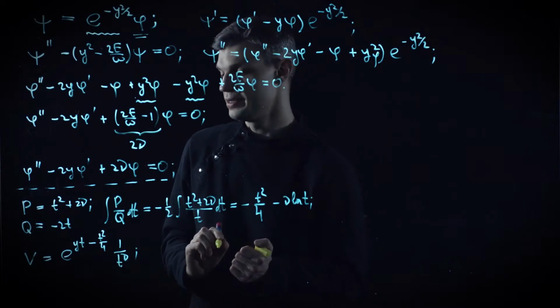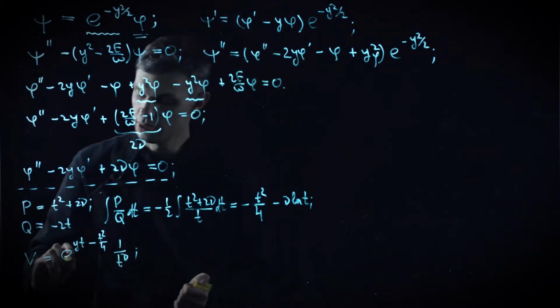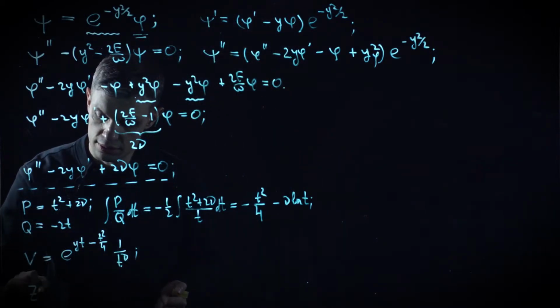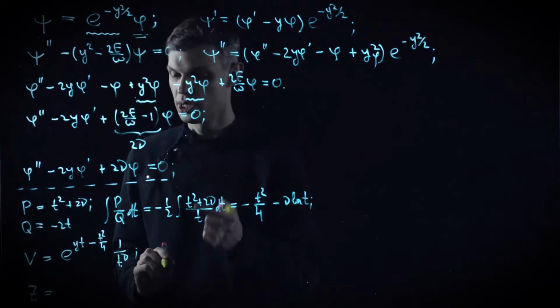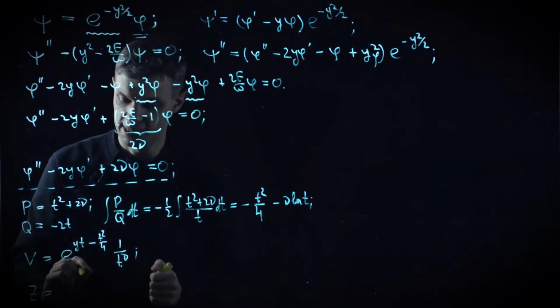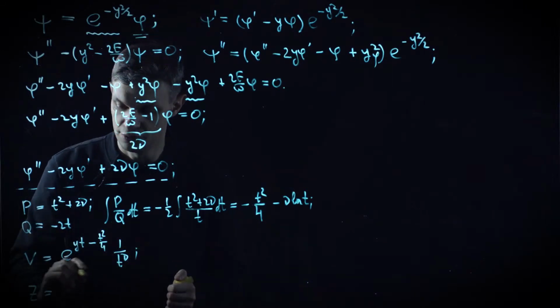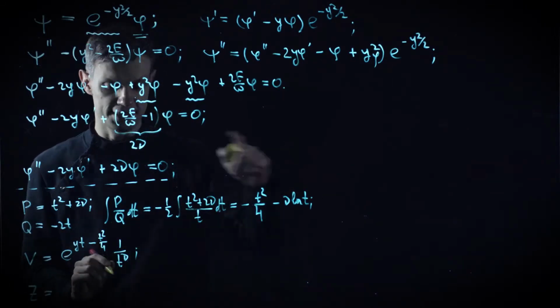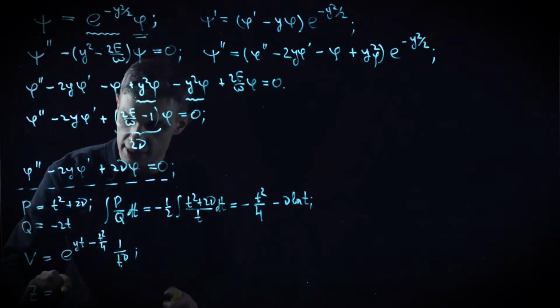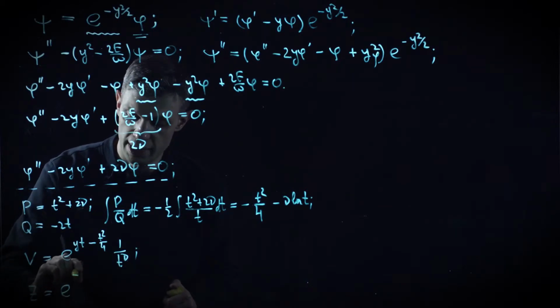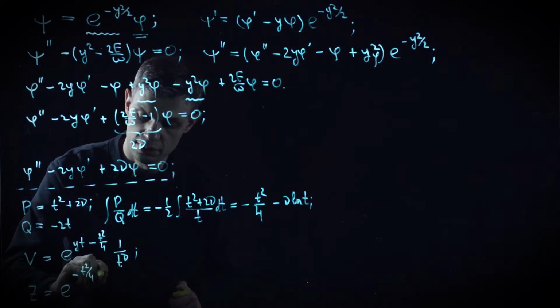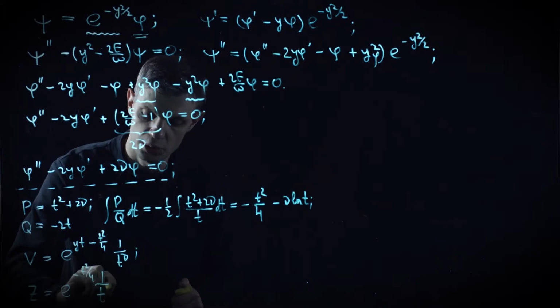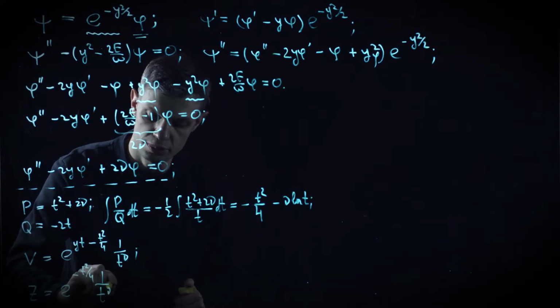And our z function, it's 1 over q, so it's 1 over t, up to factor -2, times this thing. So our z function is simply e to minus t squared over 4 times 1 over t to the 2 nu plus 1.